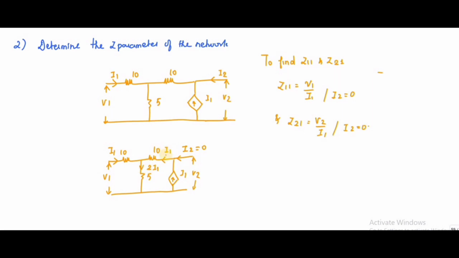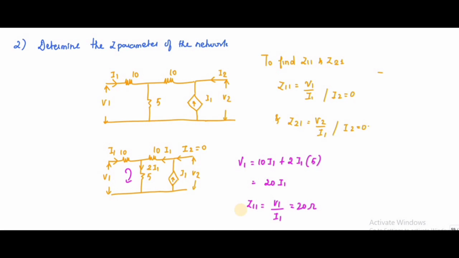So this is 2I1, also due to Kirchhoff's current law. For mesh 1, I can write V1 is equal to 10 I1 plus 2I1 into 5, which is nothing but 20. So V1 by I1, Z11, is equal to 21.